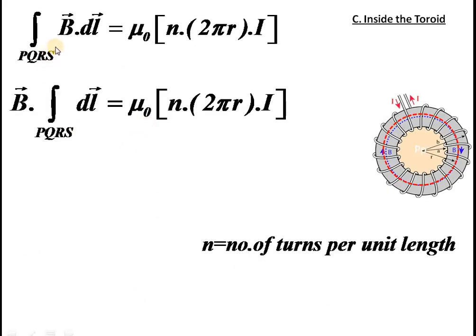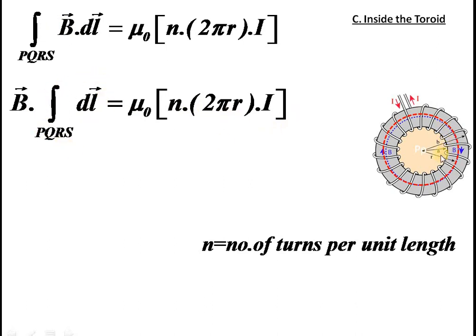So now see, what about the left hand side? As you know, inside a long solenoid the magnetic field is constant. So with that physics in our mind, you can take the B outside because B is constant. So B integral dl is equal to mu 0 times n 2 pi r I. What about integral dl?